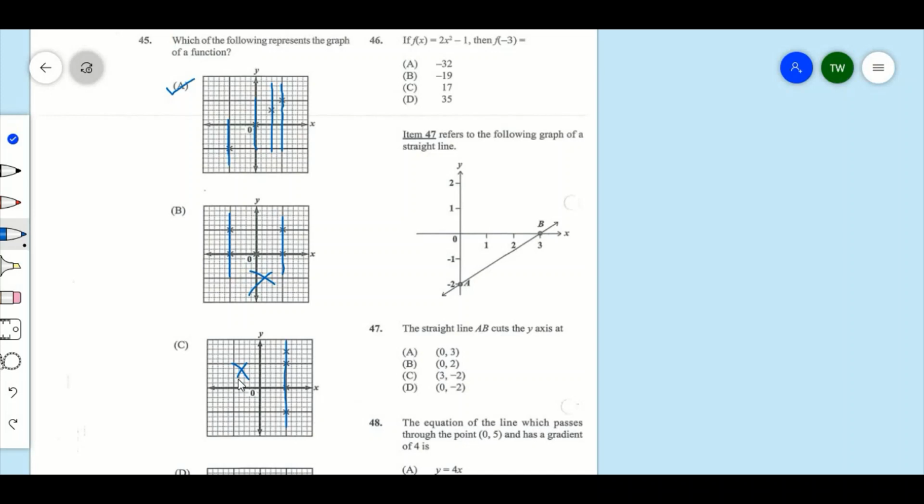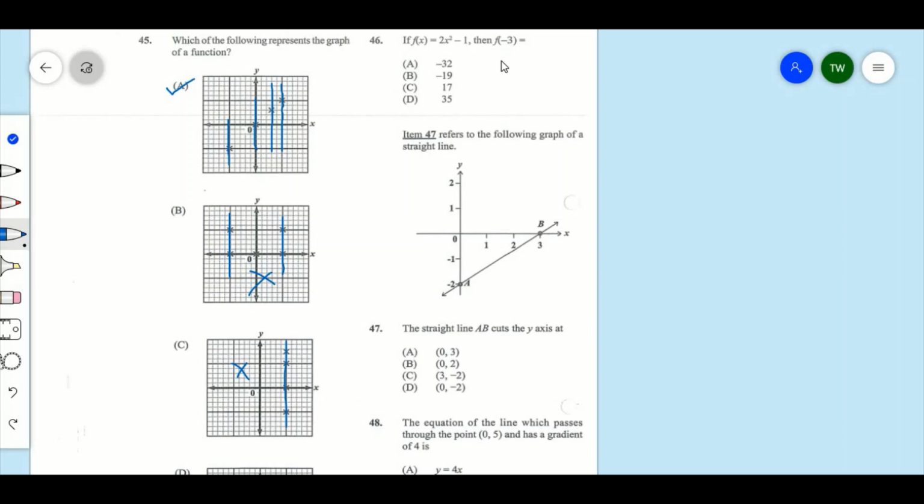All right. Let's look at 46. If f of x is equal to 2x squared minus 1, then f of minus 3 is, what this means, we are substituting minus 3 for x in the function.